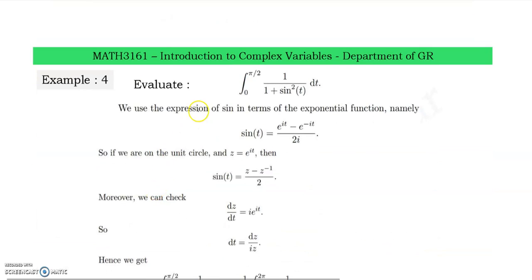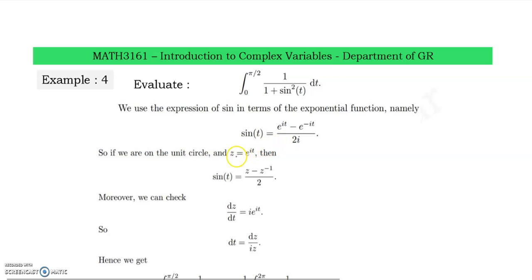Now you see question number 4: evaluate integral 0 to pi over 2 of 1 over 1 plus sine square t dt. Here, instead of theta, the function is given in t. So similarly you write sine t is equal to e power it minus e power minus it by 2i.